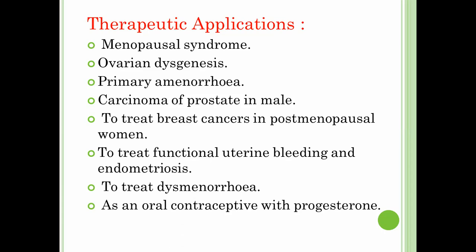Okay, so the next point is therapeutic applications of estrogen. The first one is menopausal syndrome. What is meant by syndrome? A group of symptoms. Okay, a group of symptoms.